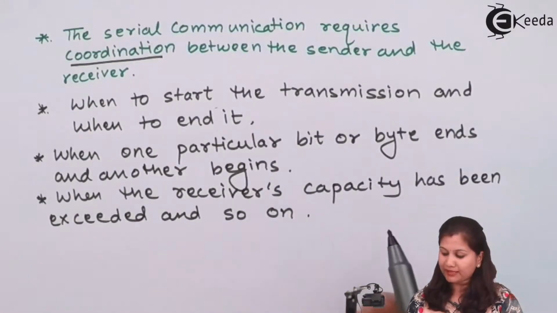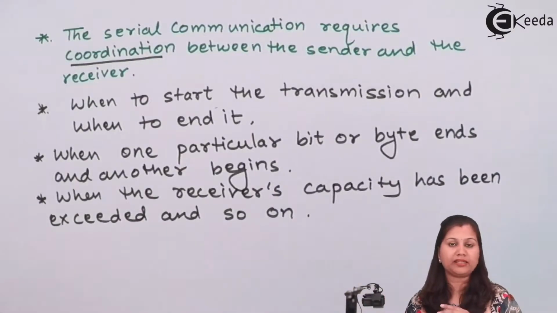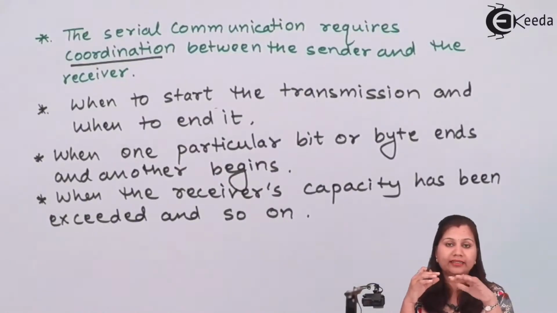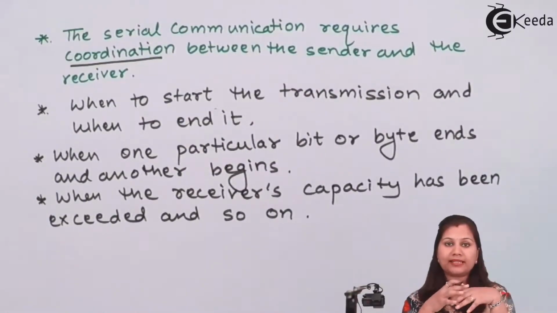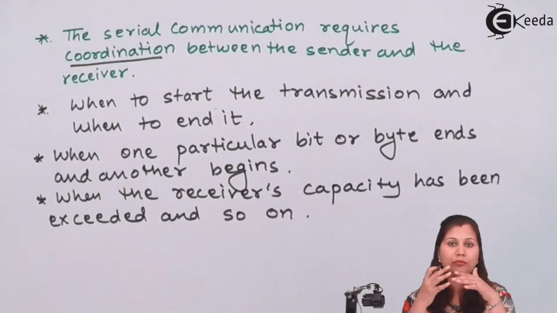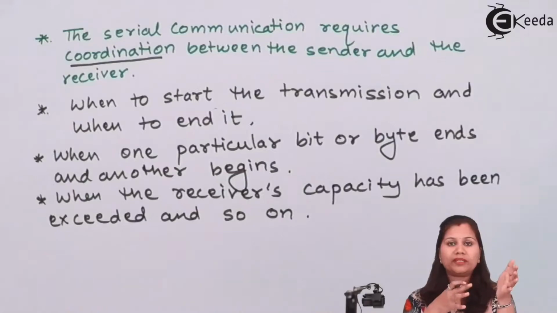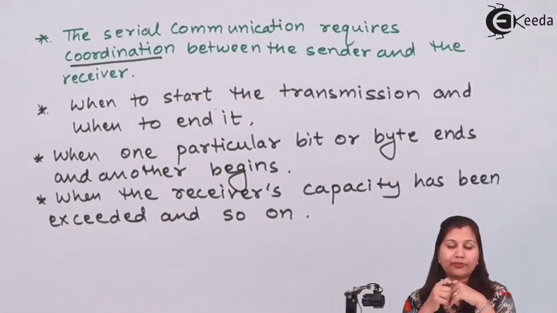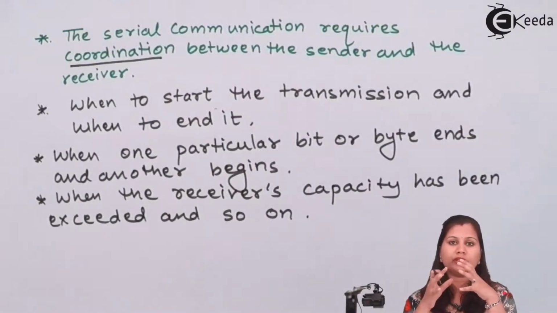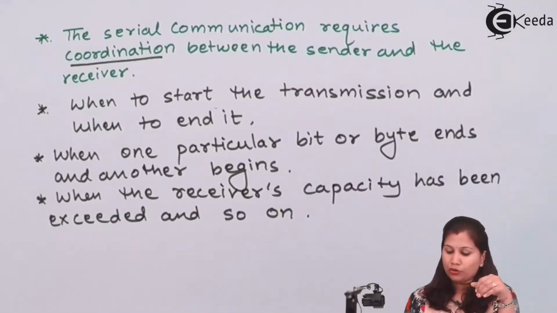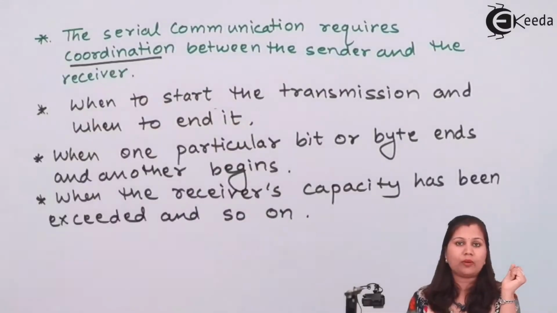Also, when the receiver capacity has been exceeded, suppose the sender is sending data but the receiver capacity is full and it cannot accept more data, how do the receiver and sender get to know all these things? So there is a need for coordination between the sender and the receiver. For this coordination, synchronization is required.